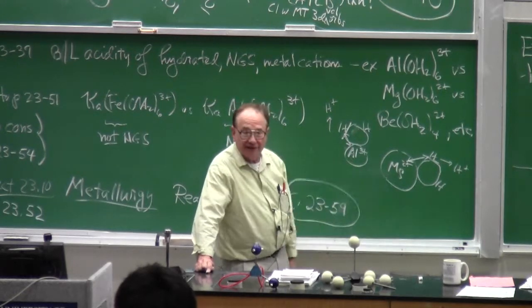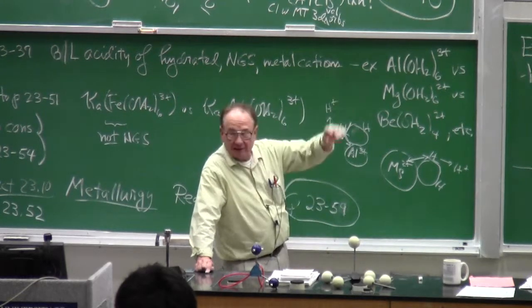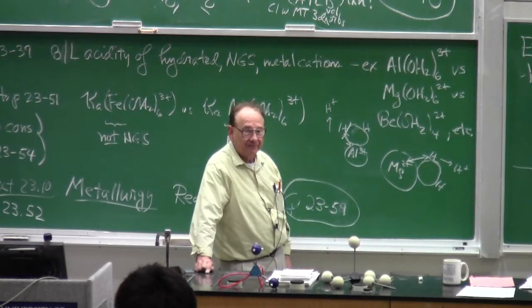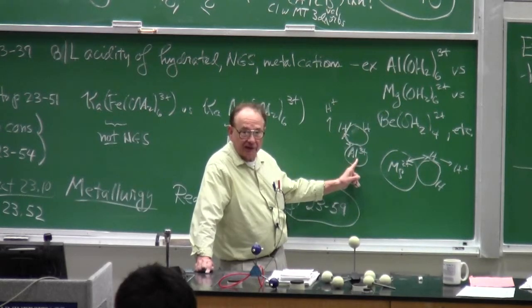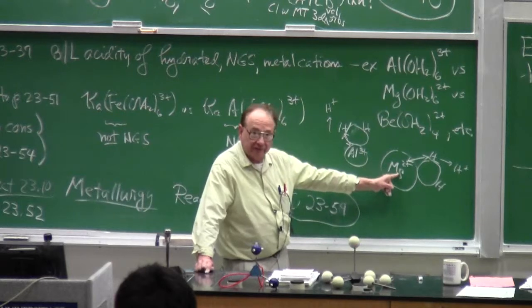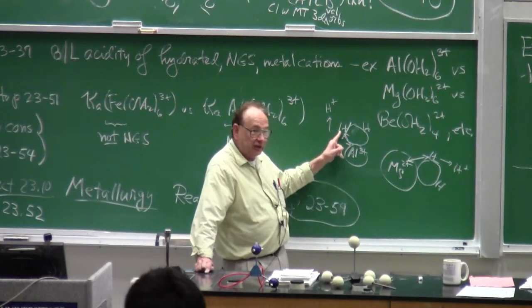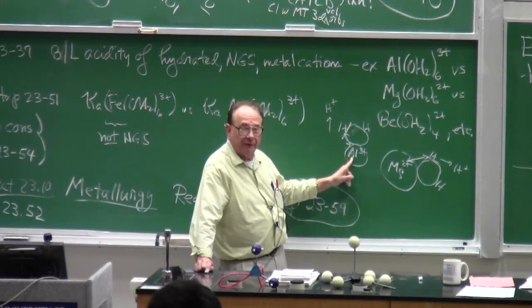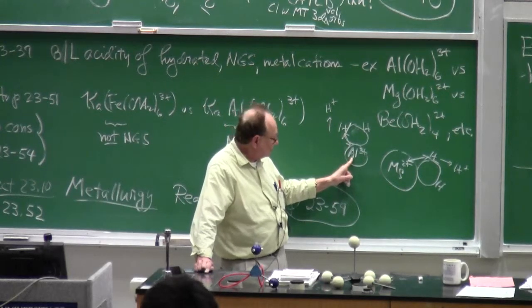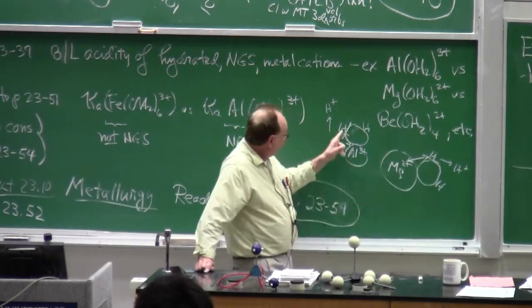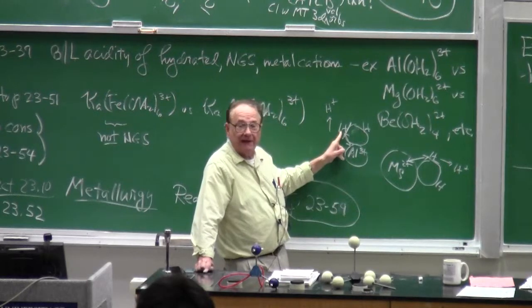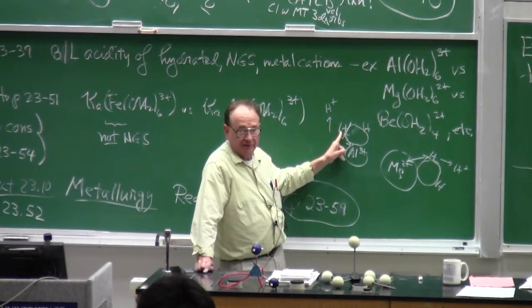Aluminum ion is smaller than magnesium ion, isn't it? They're both isoelectronic with neon, but this one has 13 protons pulling on that configuration versus 12. So this is smaller. That brings this H+ closer to a greater positive charge concentration than over here. That makes this OH bond more readily fractured.